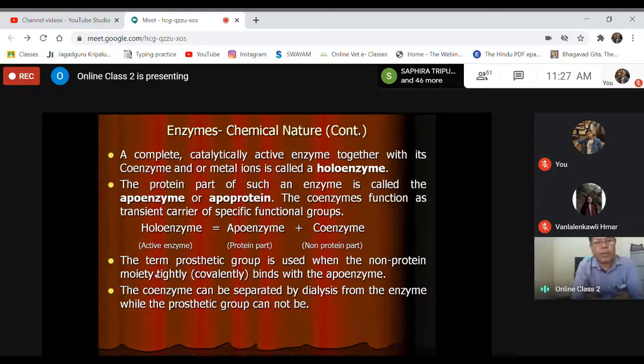This FAD is covalently attached to the active site of the enzyme. Since it is covalently attached, it cannot be removed from the enzyme by dialysis. So this acts as a prosthetic group. Prosthetic group means it is the cofactor or the coenzyme which is tightly bound or covalently attached to the enzyme molecule.